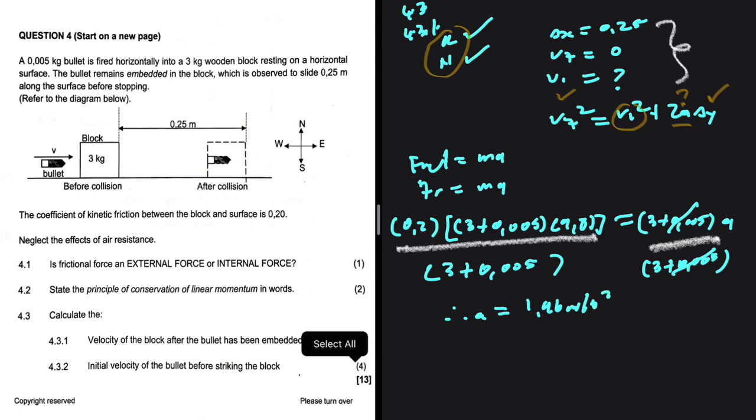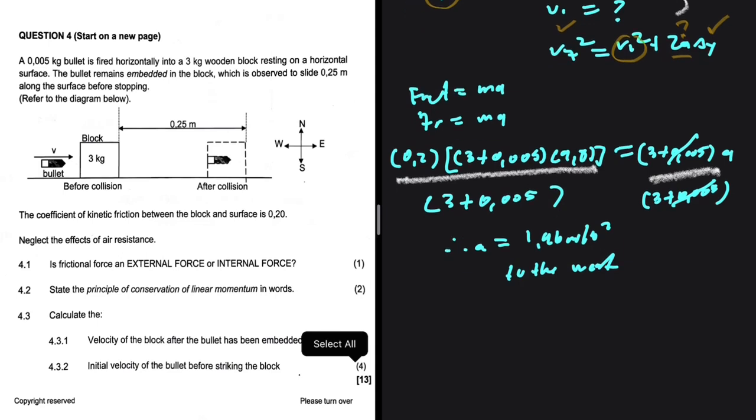But we need to make sense of our situation. The bullet block system is moving to the east, and frictional force is always opposing. So this is 1.96 meters per second squared to the west. We need to take that into account. Now that we have the acceleration, we can find VI.